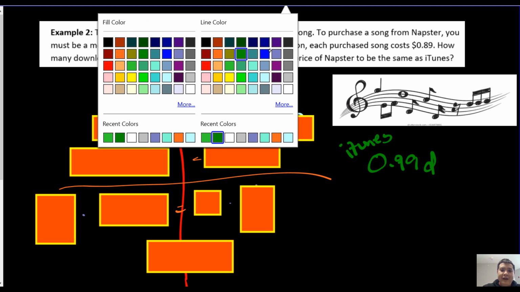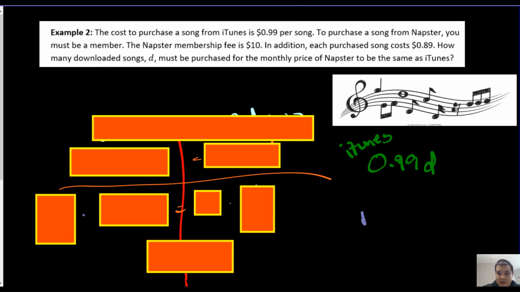Then we have Napster. Theirs is a little more complicated. You have to pay $10 each month plus 89 cents per song. So those two expressions represent the cost for each one of those things, and they have to be equal to each other because we're trying to find out how many songs we have to buy in order for it to be equal.